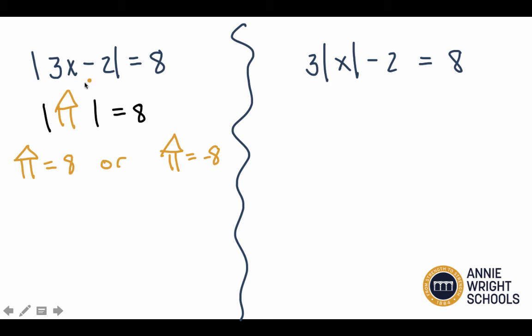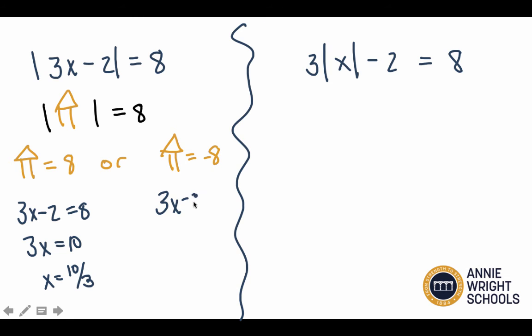And now we just take whatever was inside those absolute value bars, 3x minus 2, set it equal to 8 and solve, so that's 3x equals 10, or x equals 10 thirds. Or over here, 3x minus 2 is equal to negative 8. Add 2 to both sides, 3x equals negative 6, and x is equal to negative 2, and we have our two answers.